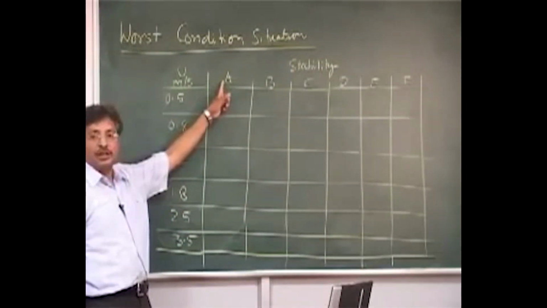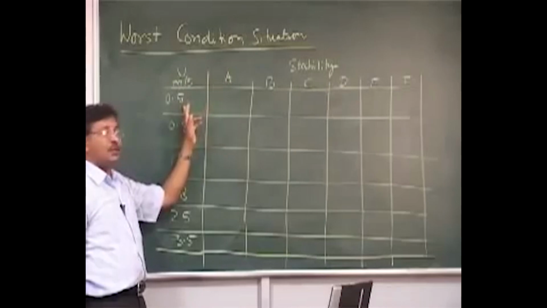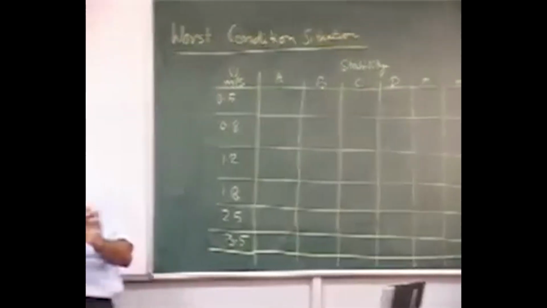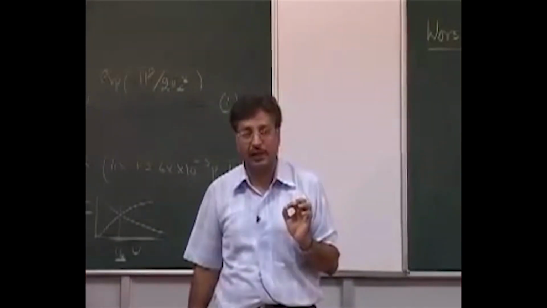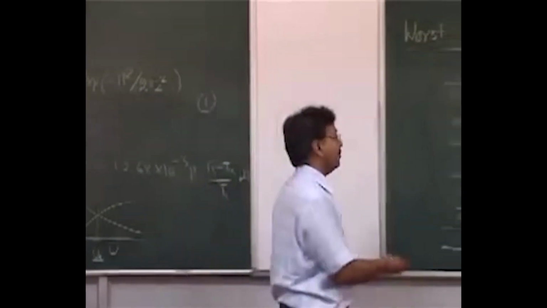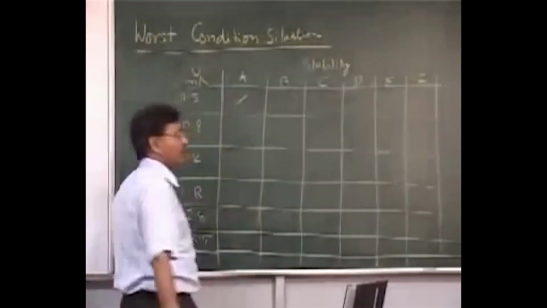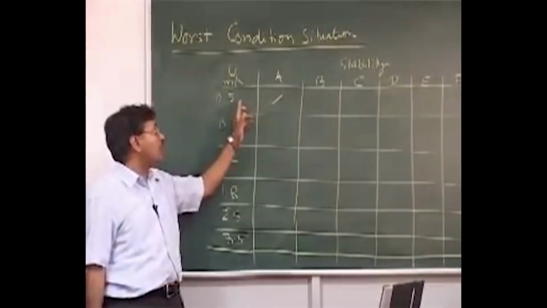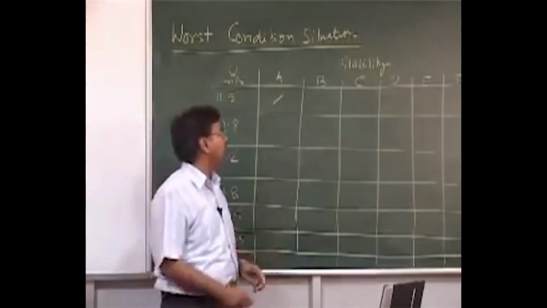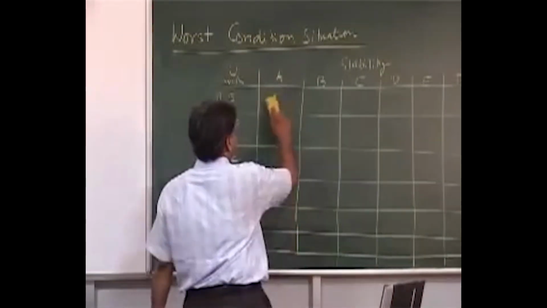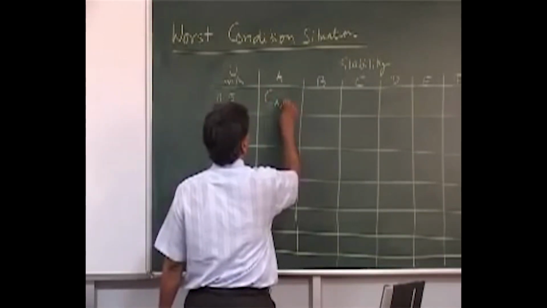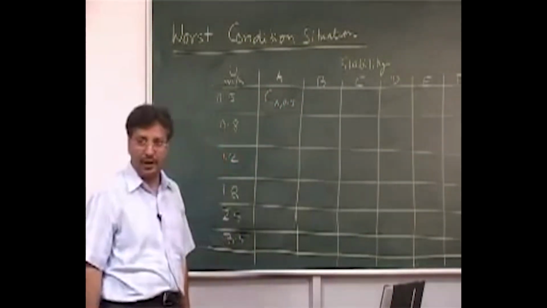I have assumed the condition, suppose the condition was A and the wind speed was 0.5 meters per second. These two things are fixed. Can I find out the maximum ground level concentration for stability A and wind speed 0.5? Clear. I can write some number here, and I can ask my computer to do the same calculation for stability B. Or let us write here, we are talking about C max A 0.5, right?